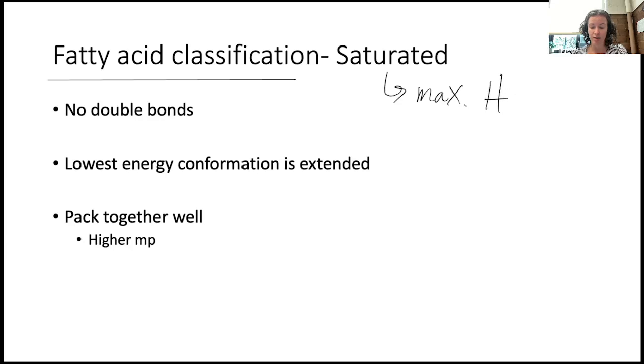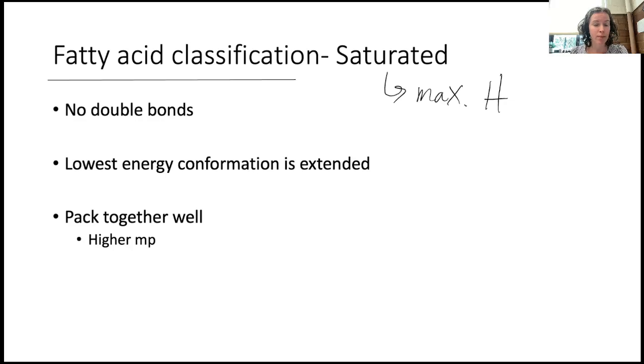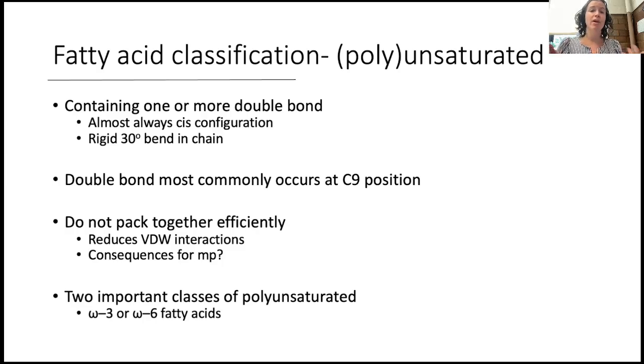They have maxed out their hydrogens. The lowest energy conformation of these lipids is extended, so that's why we would draw them, like on the previous slide, just as a straight chain of carbons. Now, since these are very linear, they pack together well, they can snuggle up right next to each other, and they lead to a higher melting point. So think butter, right?